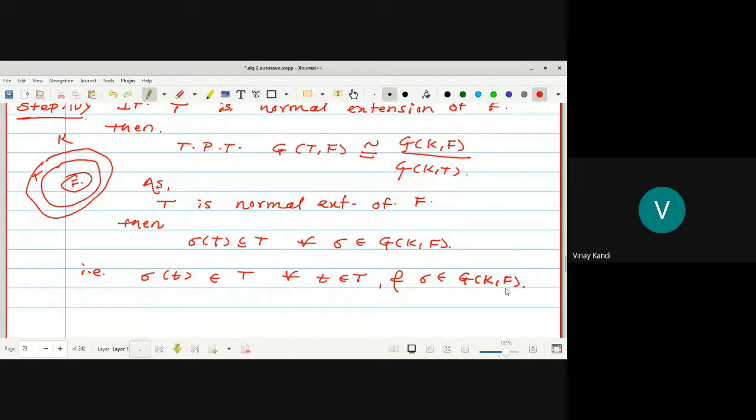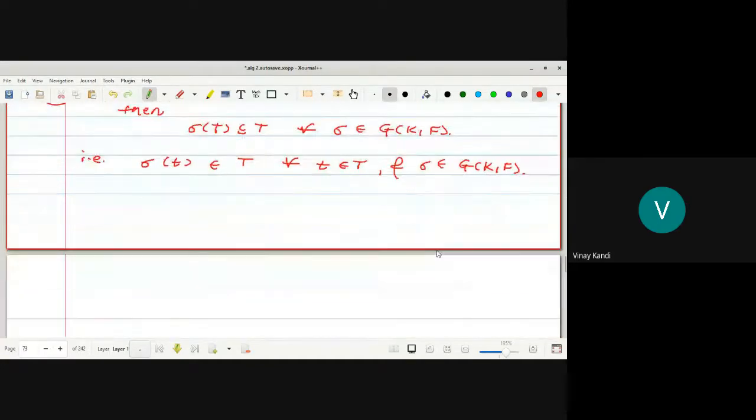So therefore sigma induces an automorphism sigma star on T. Sigma is an automorphism on what? K, which leaves every element of F fixed. Now this sigma induces an automorphism sigma star on what?